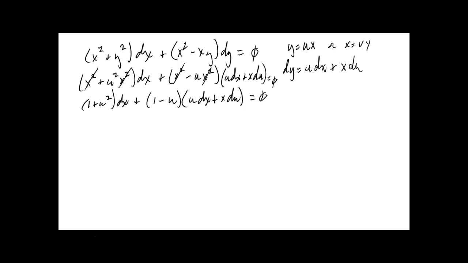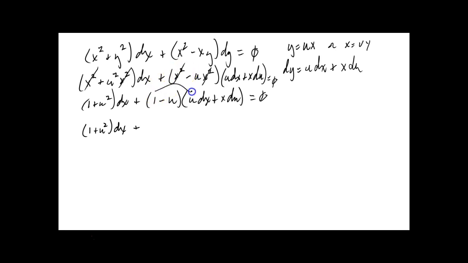Now, let's multiply these two, okay? Leave this alone for now. 1 plus u squared dx plus, okay? Now this is sort of a binomial form, so let's go on and do it.